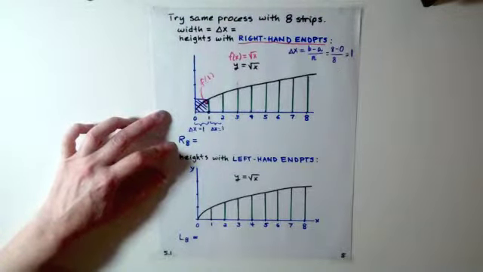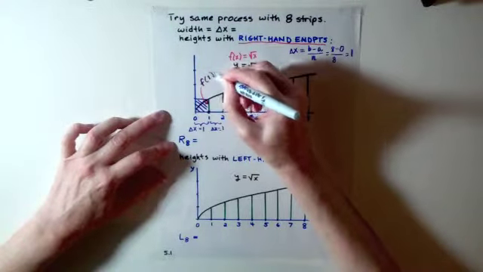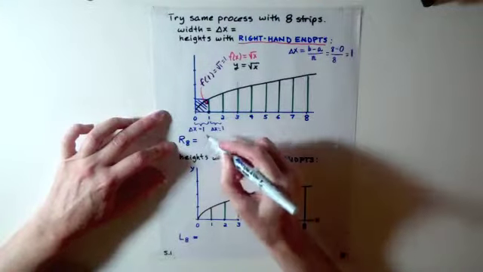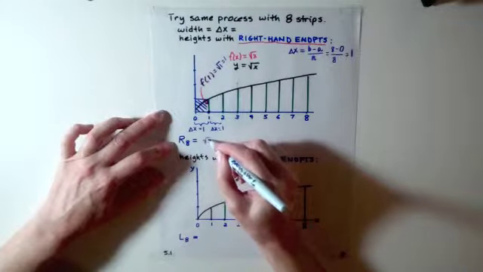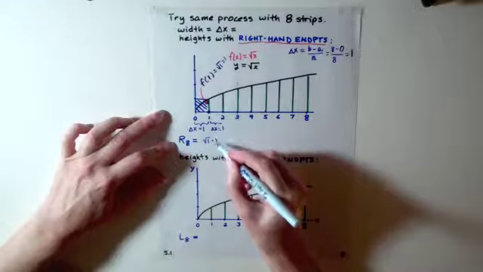So if I want f of 1, that would just be equal to square root of 1, which is 1. So the height of my first rectangle would be a height of, I'm going to write it as root 1. And the width now is just 1 unit. So the width is equal to 1.